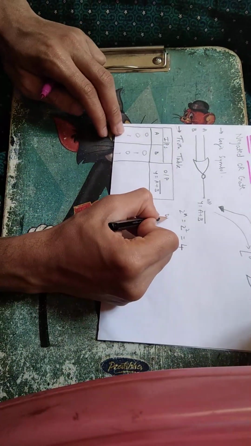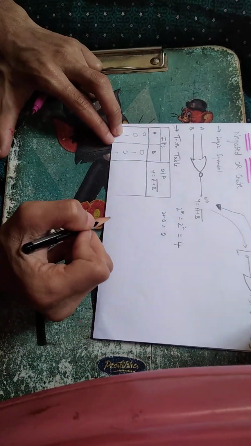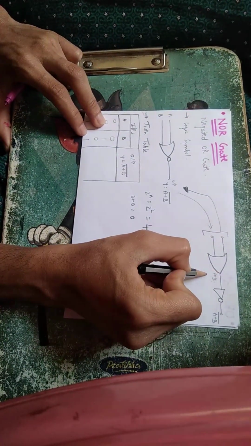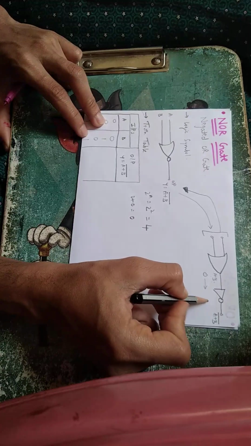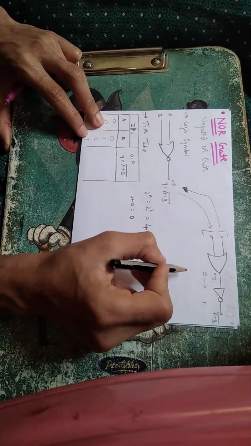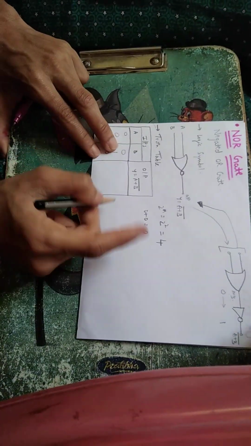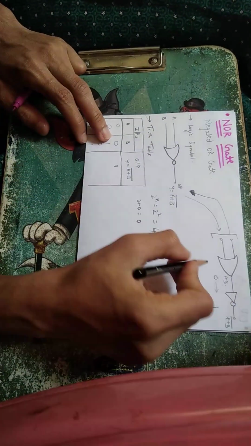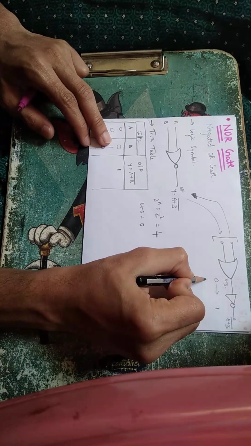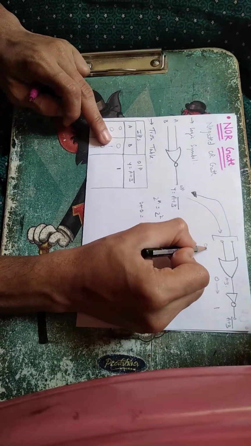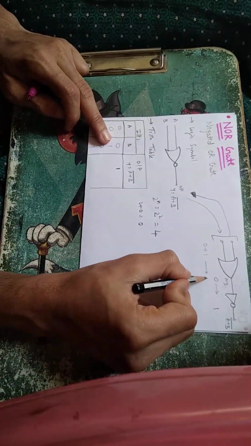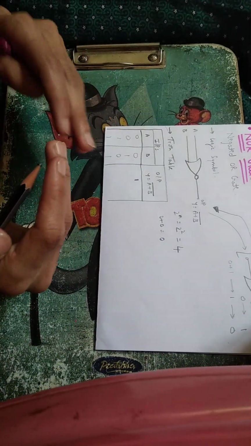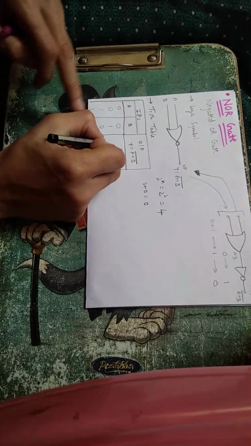So 0 plus 0 was 0 in the OR gate, but when it passes through the NOT gate, 0 will become 1. Now 0 plus 1 was 1, but when it passes through the NOT gate, it becomes 0, because the NOT gate inverts the input.